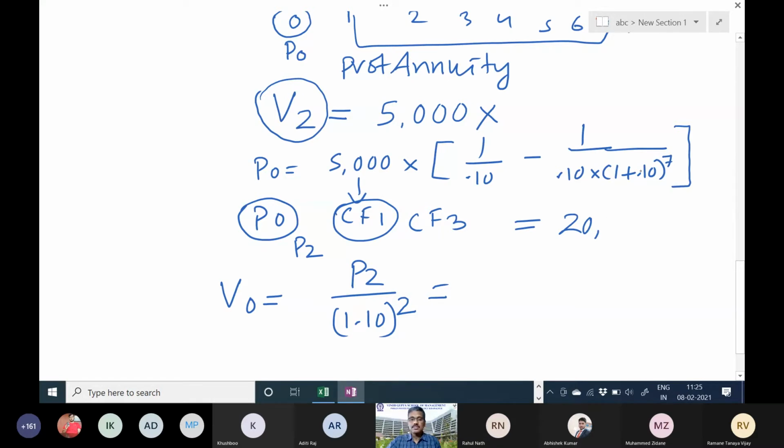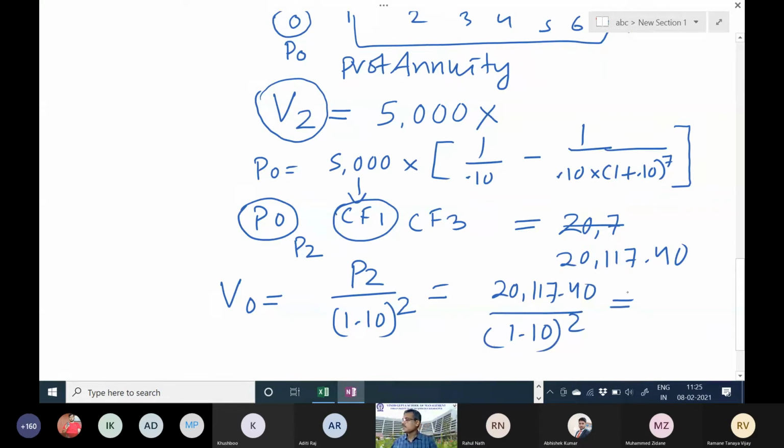What happened? 20,117. Yeah, 20,000, 117.43. Okay, 20,117.4. This will be how much then? 20,117.4 divided by 1 plus 1 to the 2. How much does it come to? Whatever the value, x.